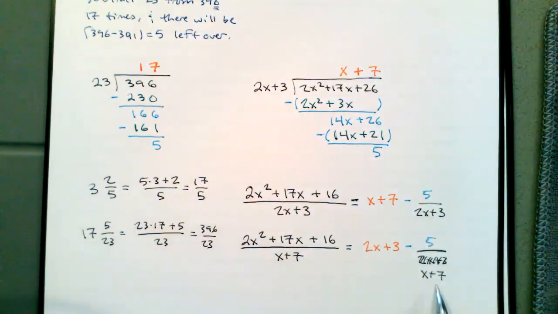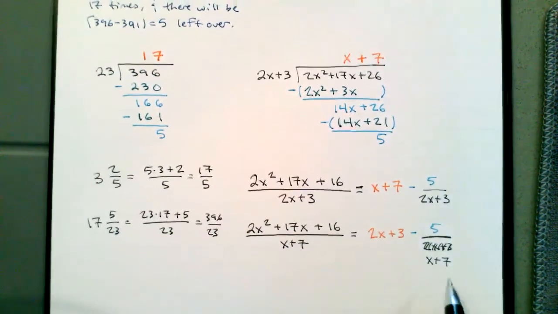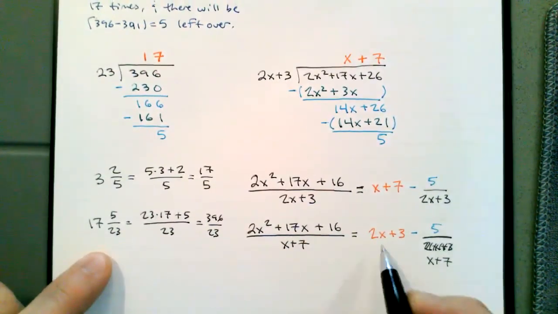Notice that if I multiply x plus 7 times 2x plus 3, I get 2x squared plus 17x plus 21. Then if I subtract 5, I'll be at plus 16. So if I take, let's see, I have been writing here, x plus 7 times 2x plus 3.